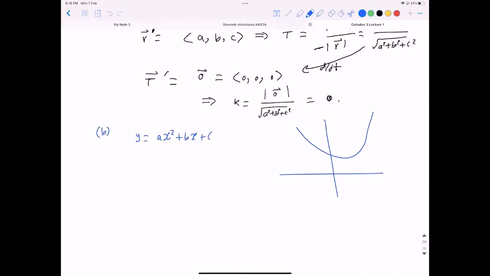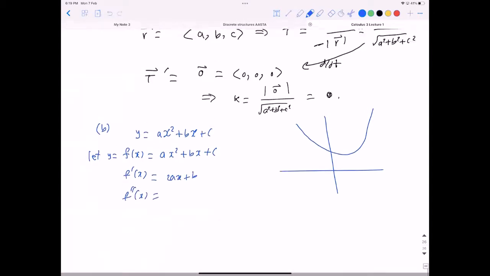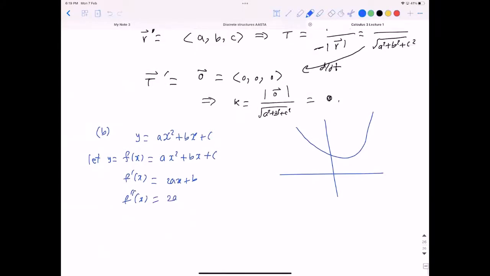So let y equal f of x. We call it f of x to apply the formula we have, formula 4. This is f prime, direct differentiation, then double prime, and so on. 2ax plus b is the first derivative, and then 2a is the second derivative. Apply the formula.